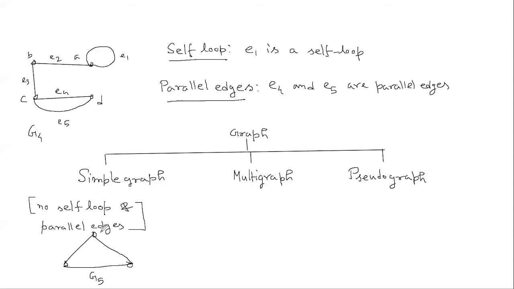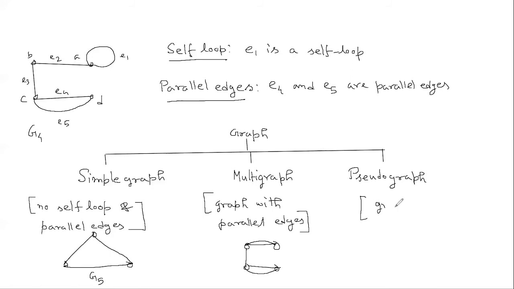If in a graph there are parallel edges present, the graph with parallel edges is called a multi-graph. For example, this is a multi-graph. Now, what is called a pseudograph?